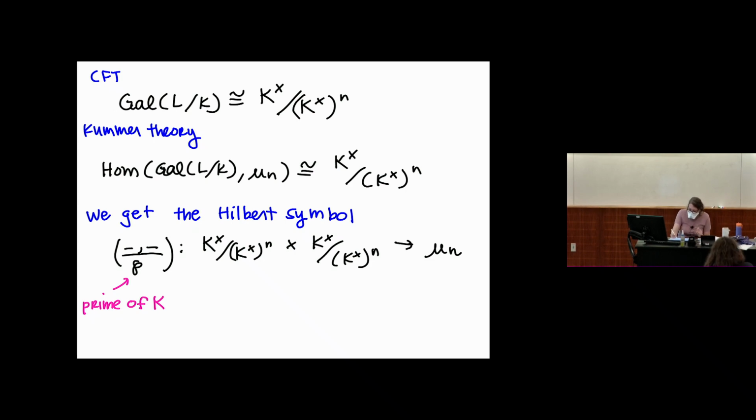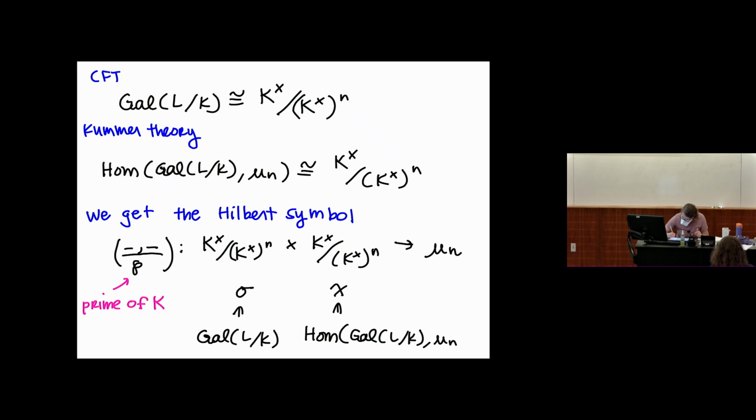But what you do is that the first K cross mod K cross to the n is going to be this one. So you think of a sigma in the Galois group of L over K. And you think of the second K cross mod K cross to the n as this, some chi, which is a map from the Galois group to mu n.